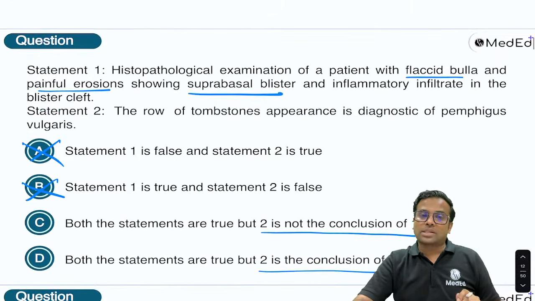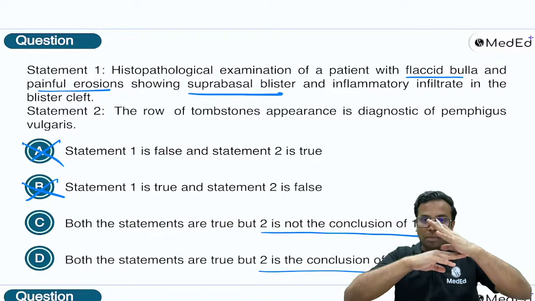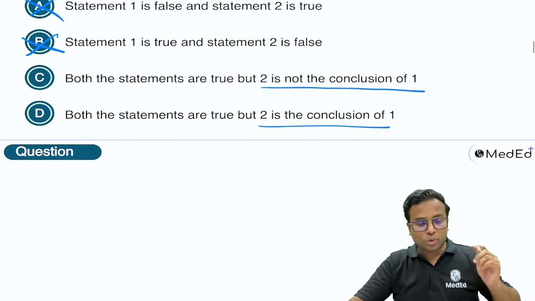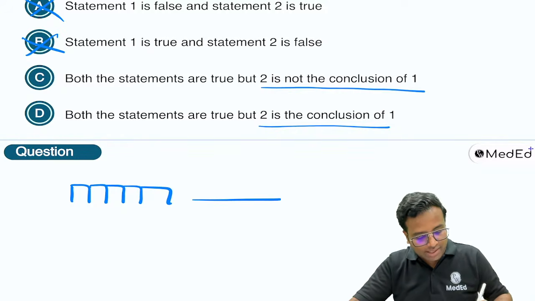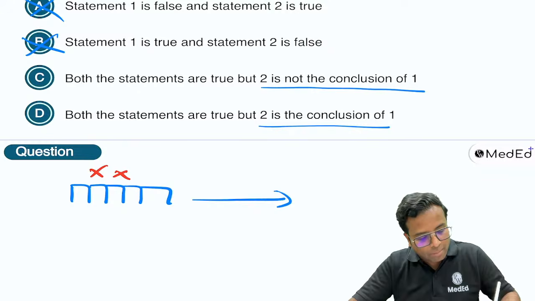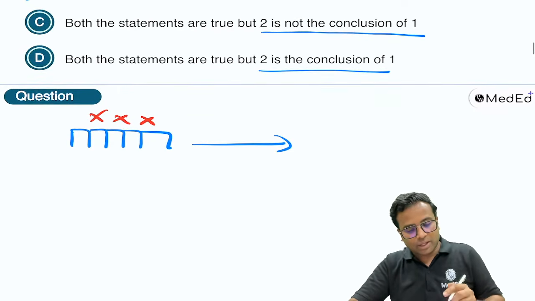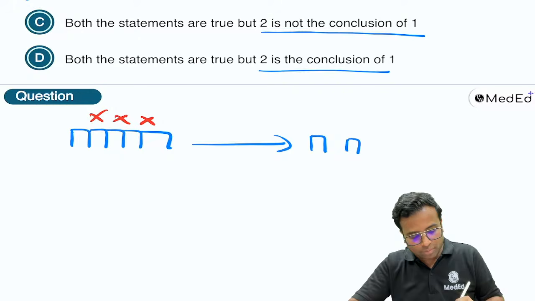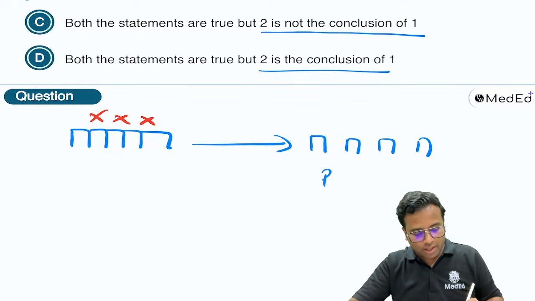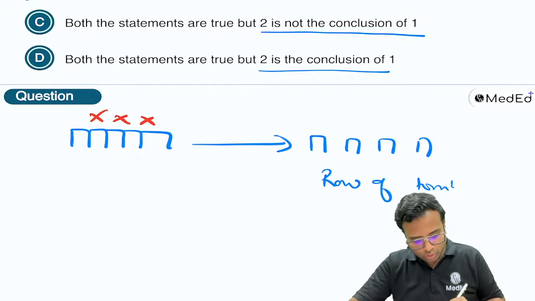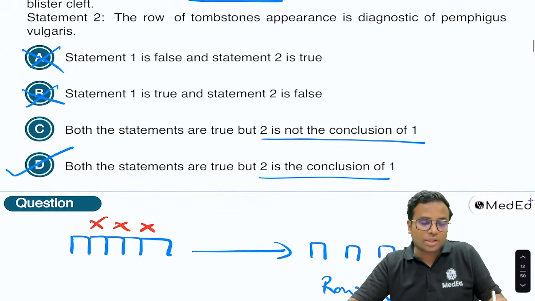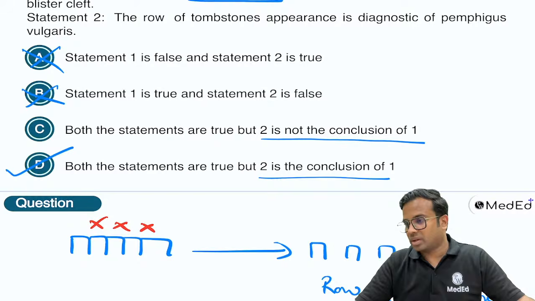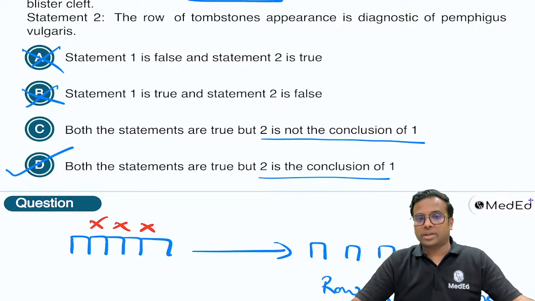See, what happens when there is a suprabasal blister? Because of the suprabasal splitting, the keratinocytes in the stratum basale, because of the split above this layer, will also get separated from each other like this, which is called the row of tombstone appearance, which is seen in pemphigus vulgaris, right? So the correct answer should be option D.